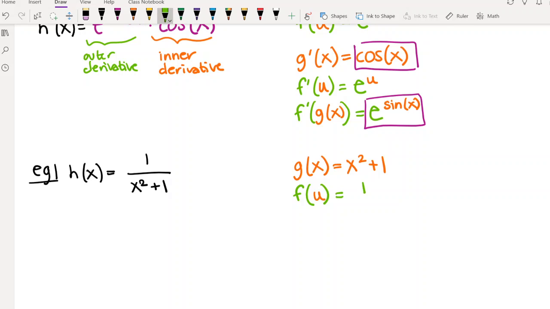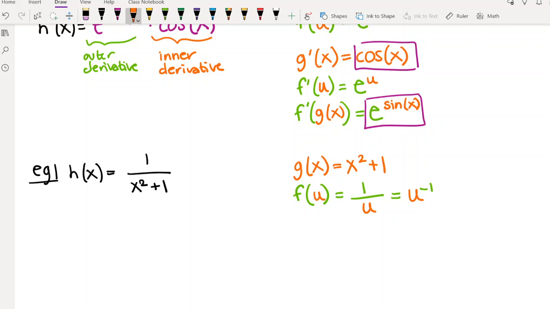Remember we're taking derivatives here, so if you're taking the derivative of 1 over u, we probably want to rewrite it as u to the negative 1, because that's what will enable us to take the derivative more easily.